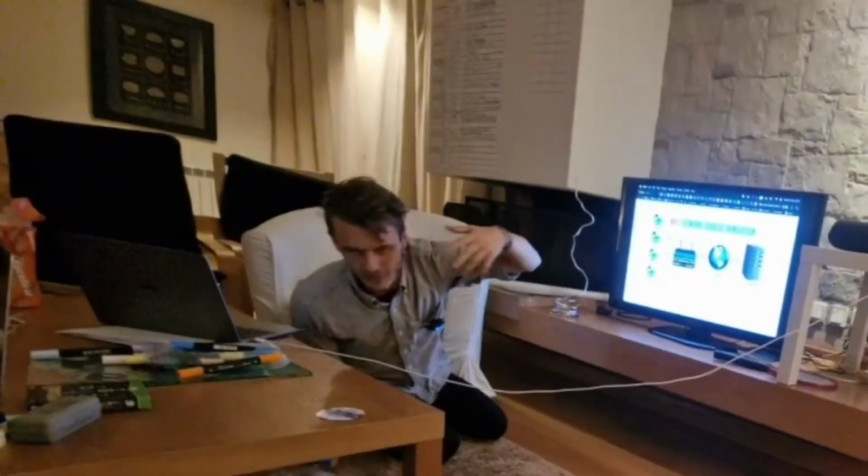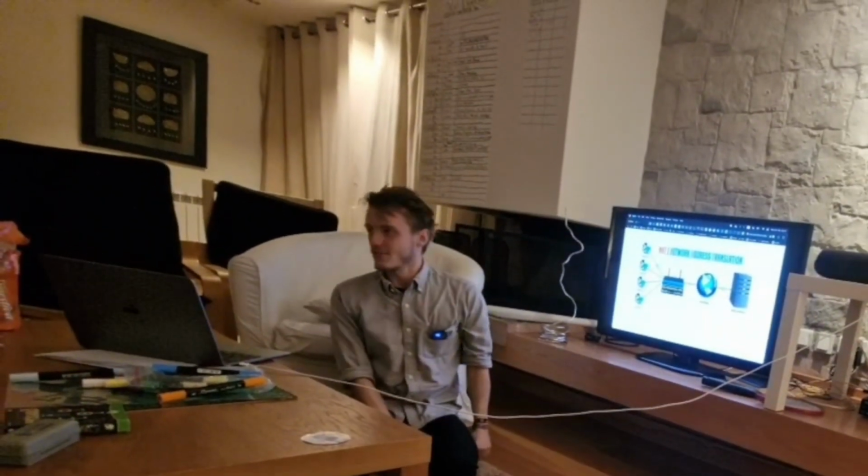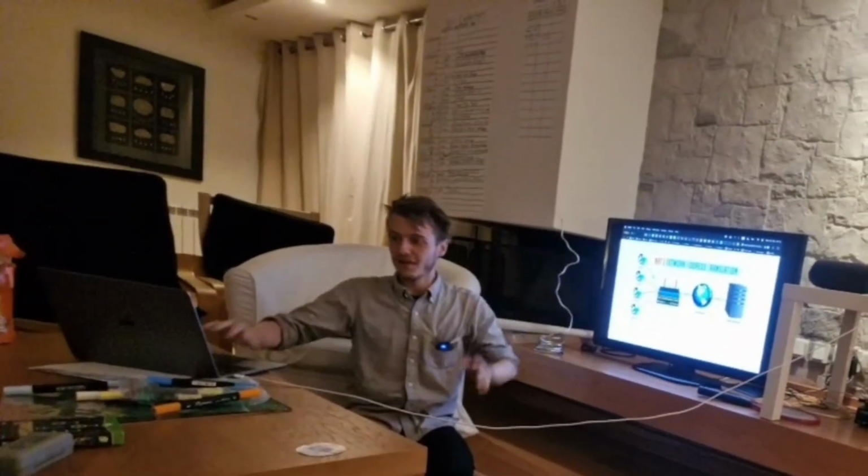Because back when IPv4 was designed decades ago, people wouldn't think that the internet would ever have more than 4 billion devices in operation. So they designed it that way, also because computers were not powerful enough to have longer addresses. Actually, this was a performance optimization to only have 4 billion possible addresses.